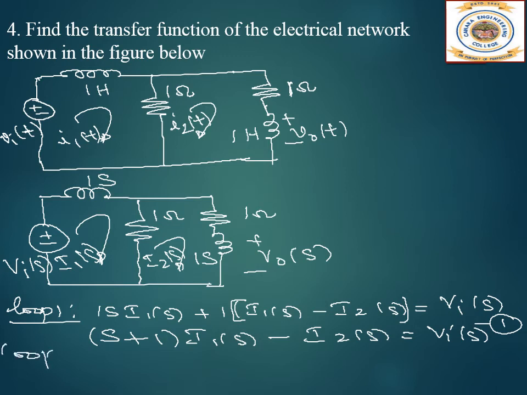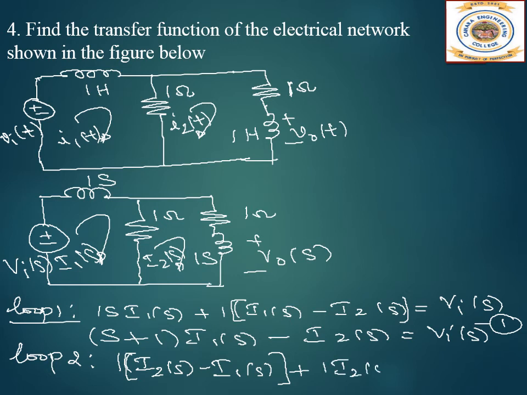Now consider loop 2. Considering loop 2, we have 1 into I2 of S minus I1 of S, plus 1 into I2 of S, that is the resistor, and the inductor, S into I2 of S. We don't have any source, so this is 0.